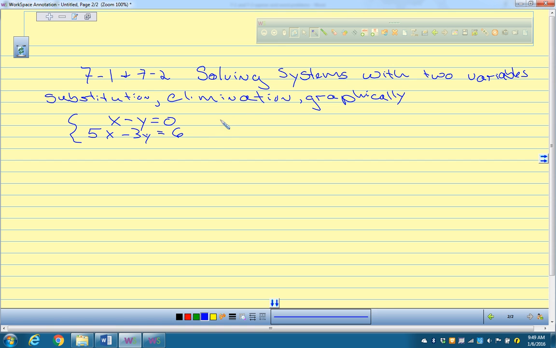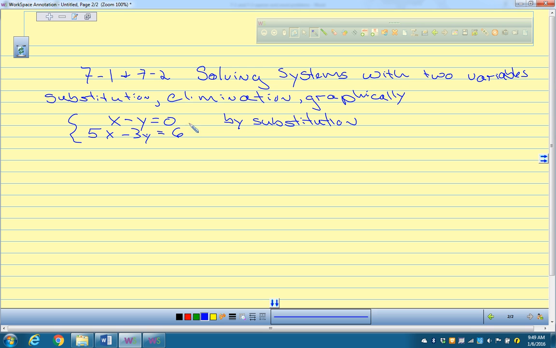That's really what you're finding when you're finding the solution to a system. And so say I want to solve this by substitution, okay? By substitution, what would I do? Solve for one variable. What variable would I solve for? Well, I would have to transform one of these equations.